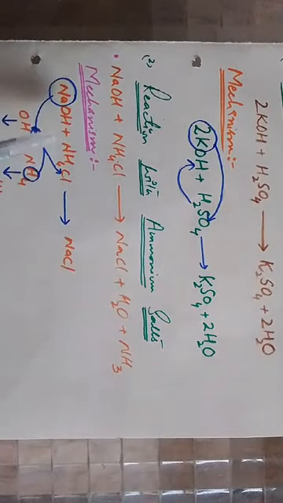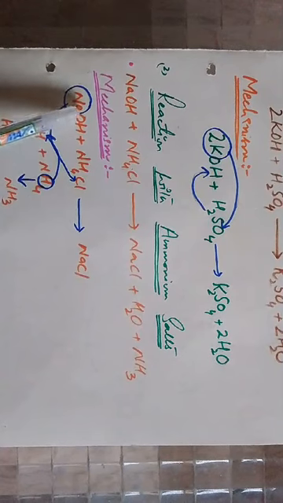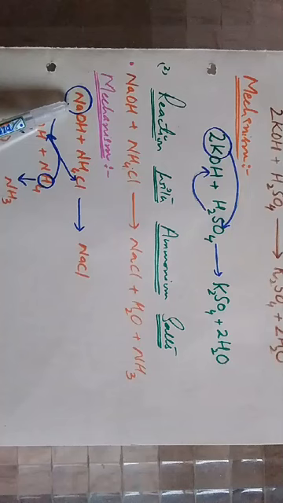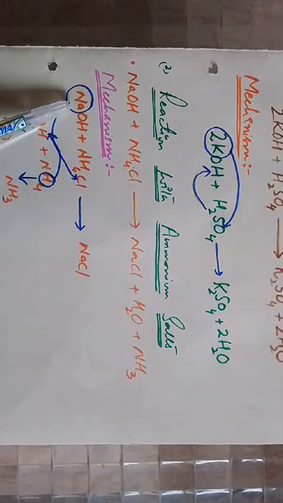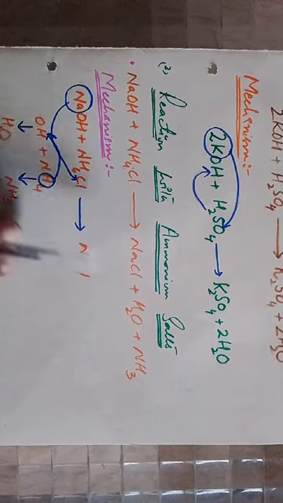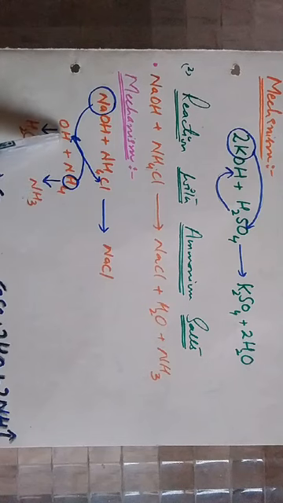Now come towards the mechanism. Here is the mechanism. Na, sodium. Again same mechanism. First element of the first reactant goes towards the last one, NaCl. Now we are left with OH and NH4.